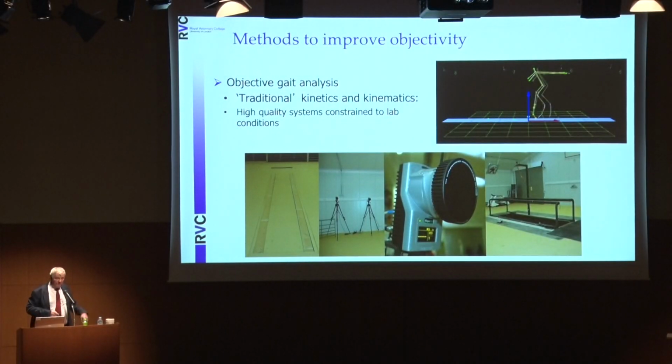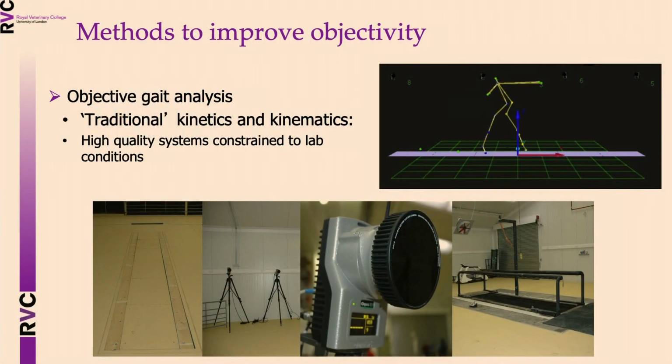Of course, the most accurate way to be objective about the gait is to use traditional kinetics and kinematics, like this series of cameras here in a laboratory setting.